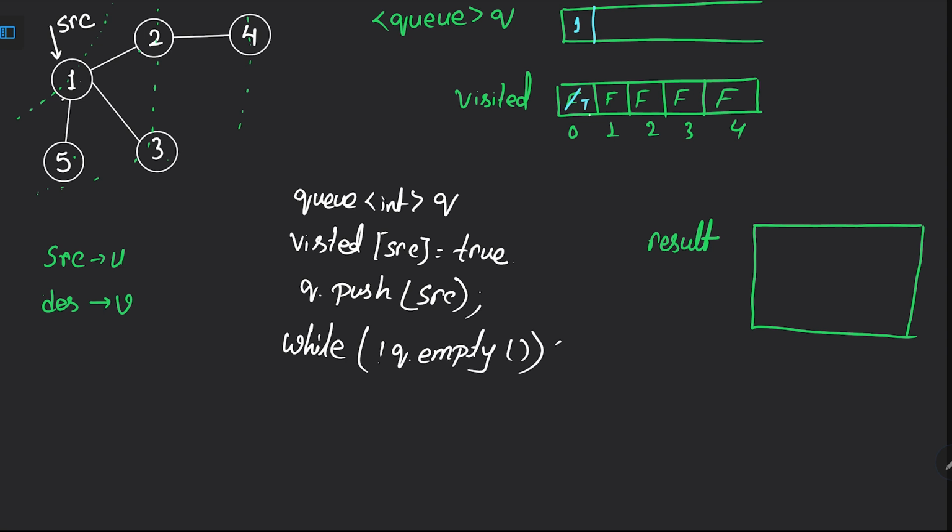If queue is not empty, then we will maintain another index which is current. In current we will pop this out, so queue.pop.